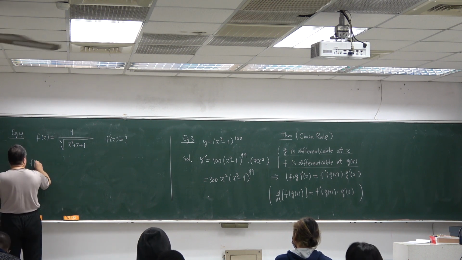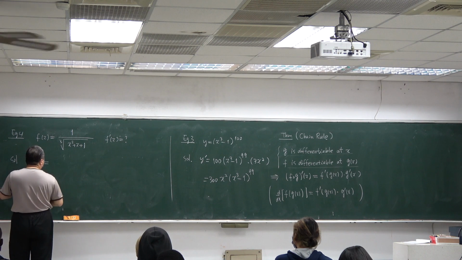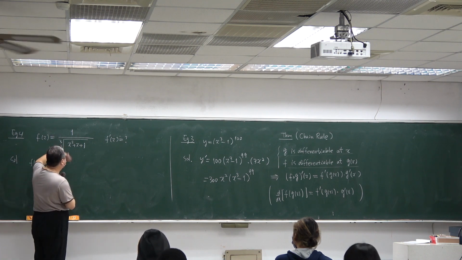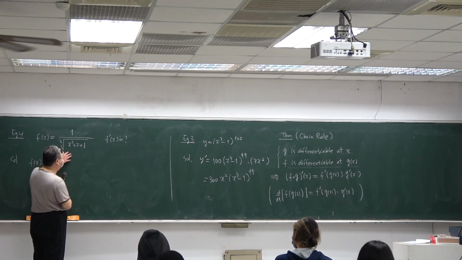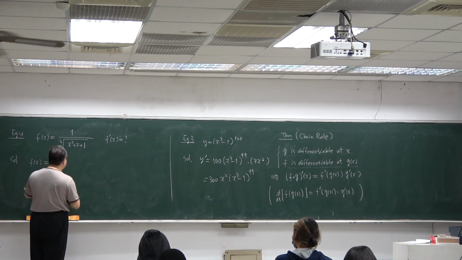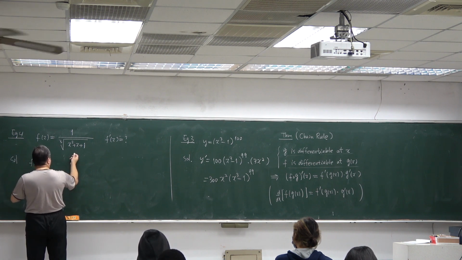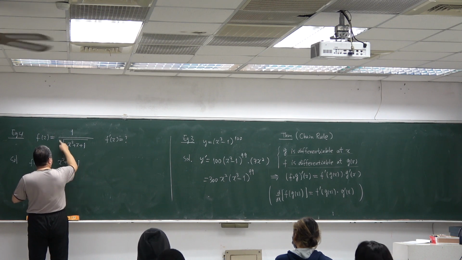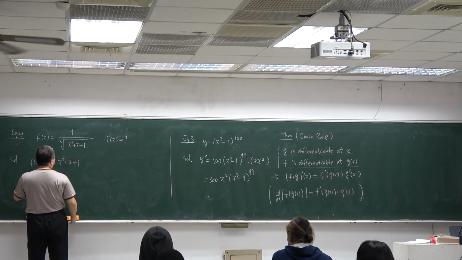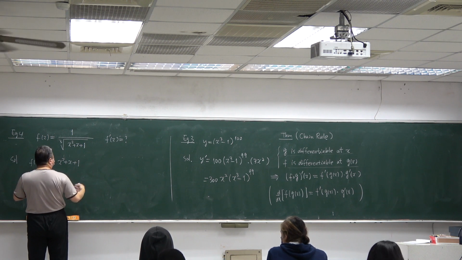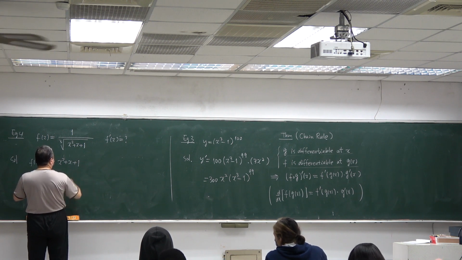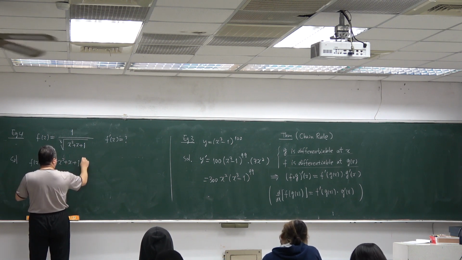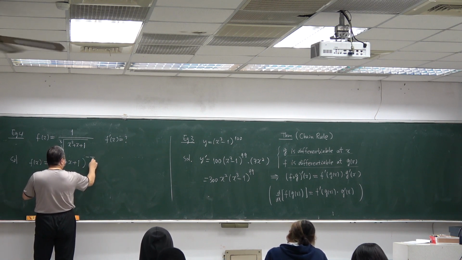Okay. Here. Wow, this is a fraction, but rewrite this as a power function. This is x squared plus x plus 1, cubic root means raised to the 1/3, but in the denominator, so the exponent is minus 1/3.